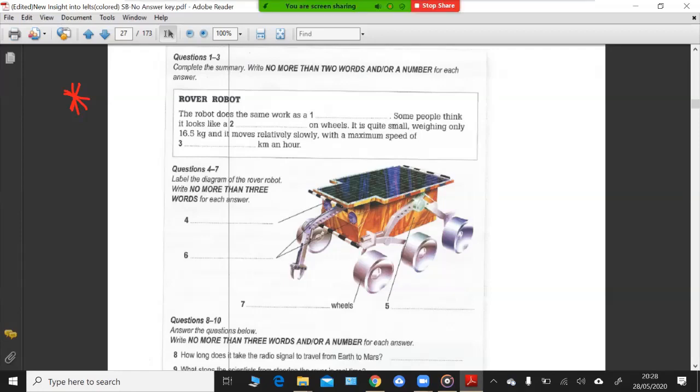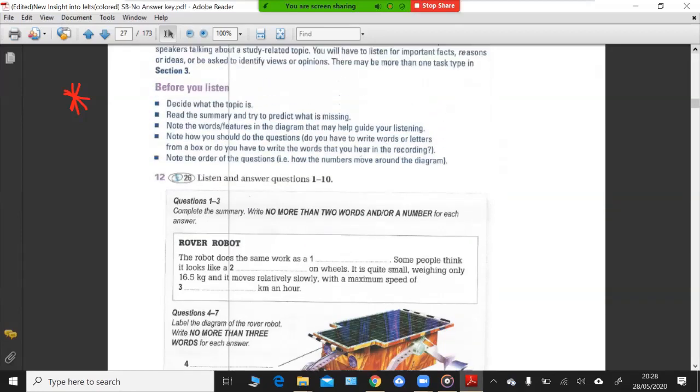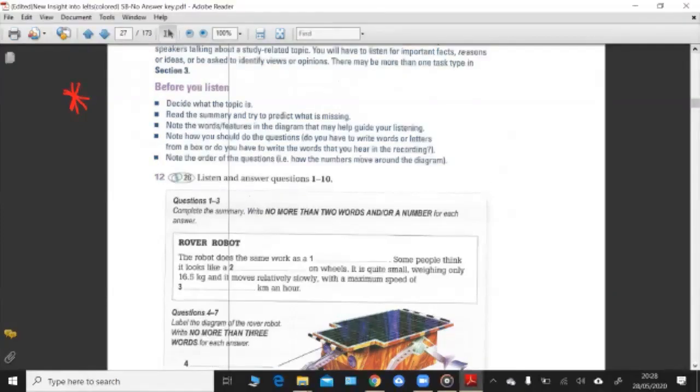What is this topic about? Maybe it can be about any topic? What can be the topic of this robot? Okay, the topic can be about robot, or about any automatic machine.